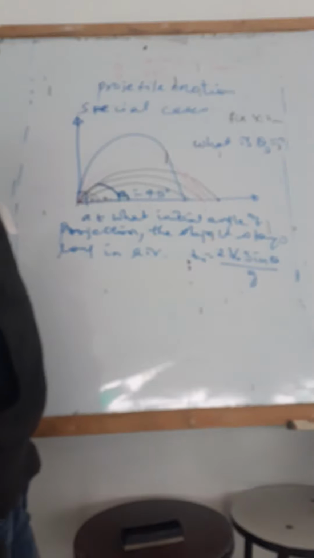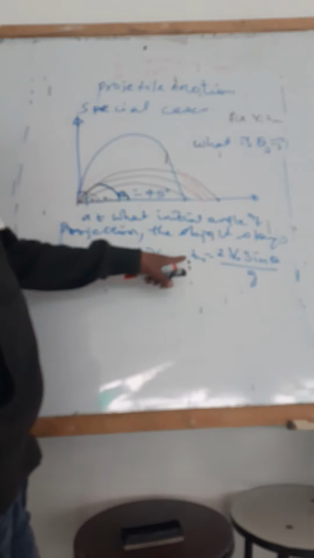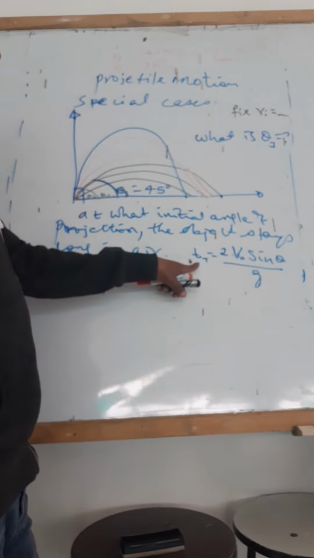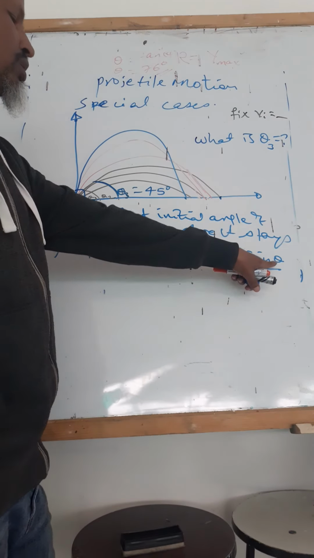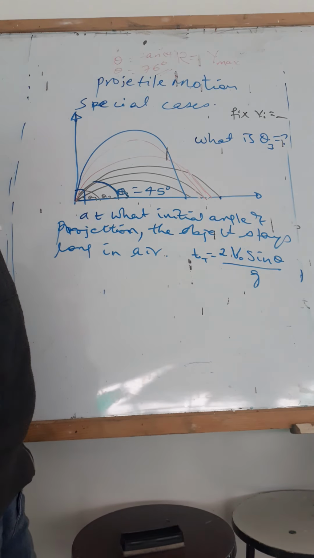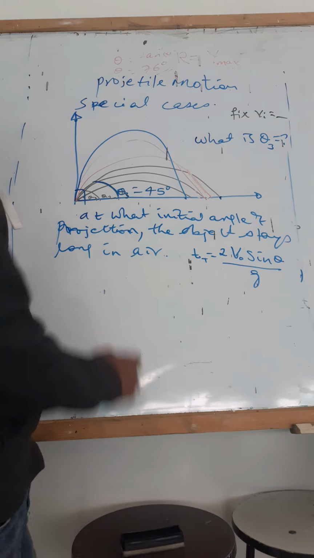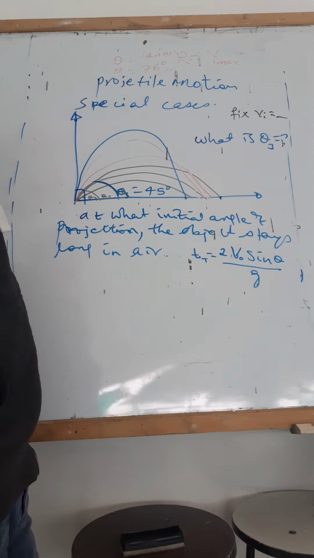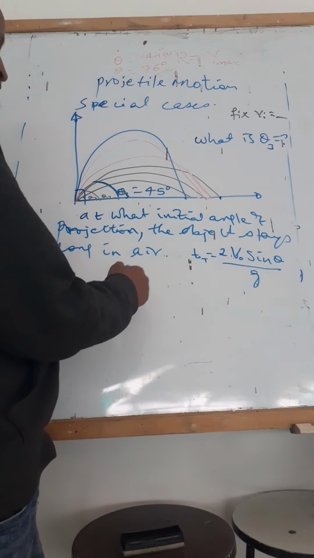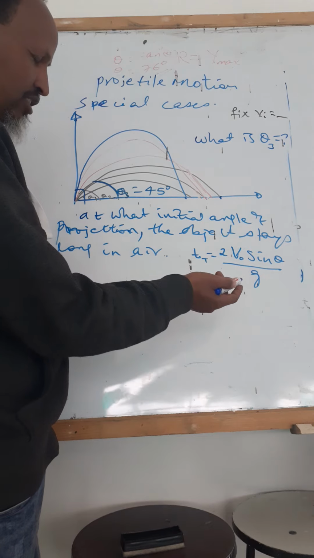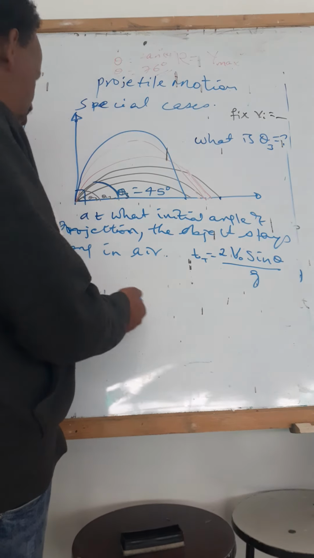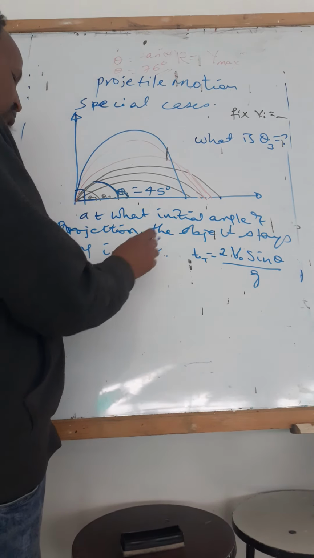So the question is, for T to be maximum, what should theta be? Then sine theta is basically maximum when theta is 90, and therefore it is still going to be vertical projection.